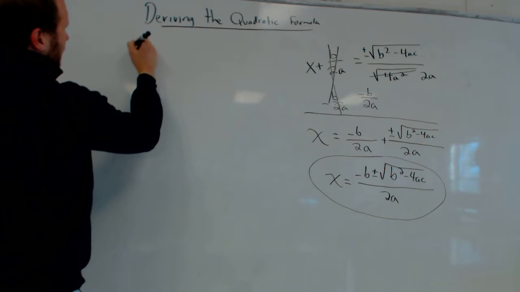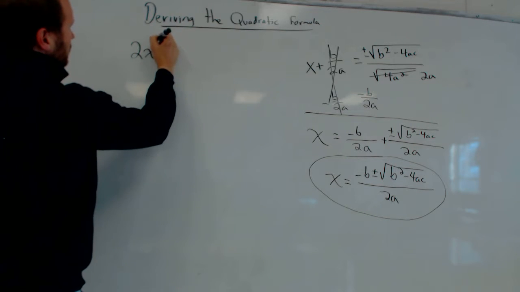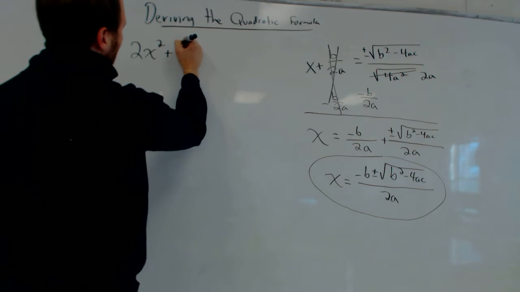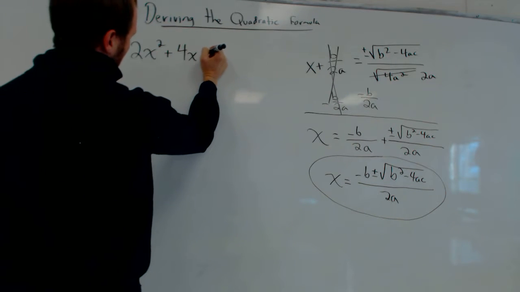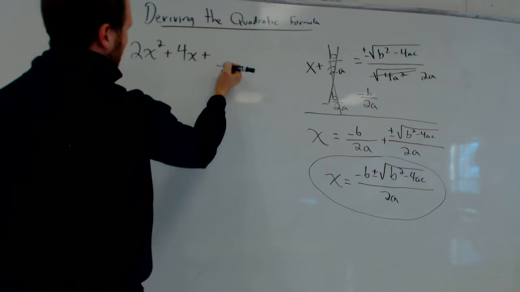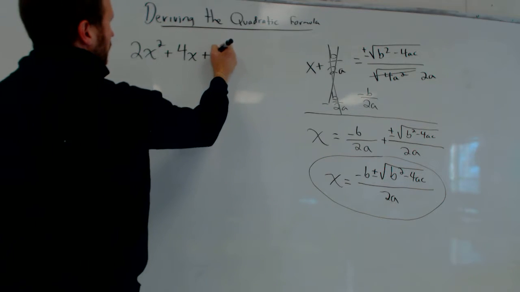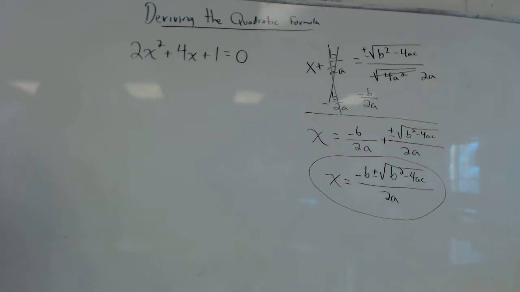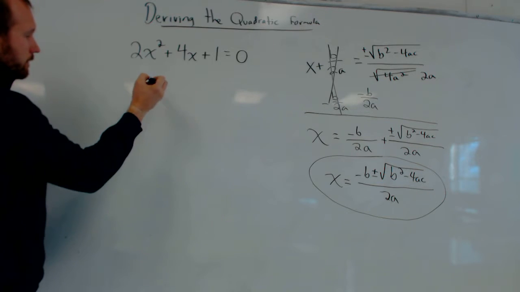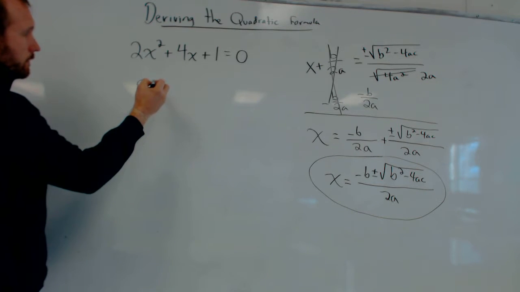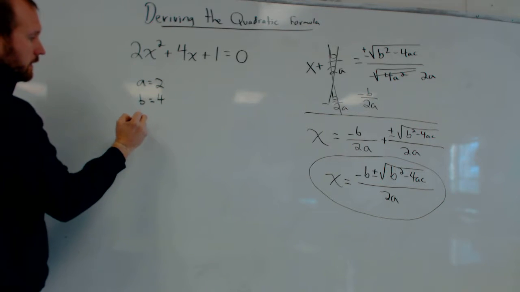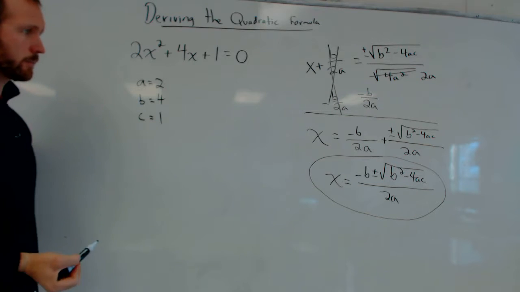So let's say I had something like 2x squared plus 4x plus 1 equals 0. Okay, what's A? 2. What's B? 4. And what's C? 1. Okay.